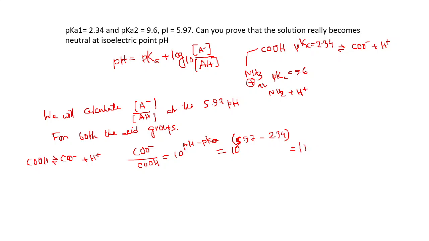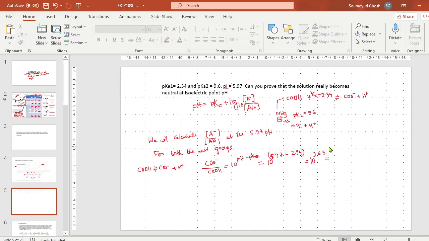Let's see how much that is. 5.97 minus 2.34 is 3.63. So let's see what exactly that number is.